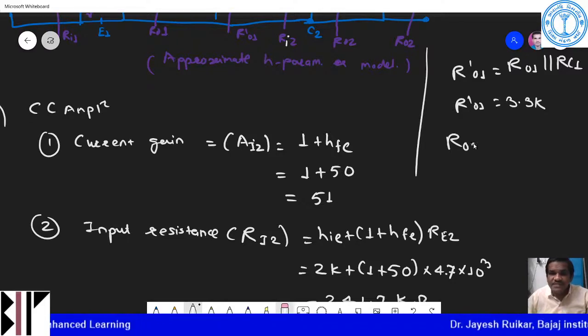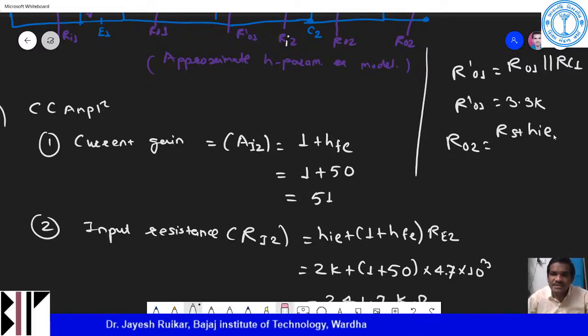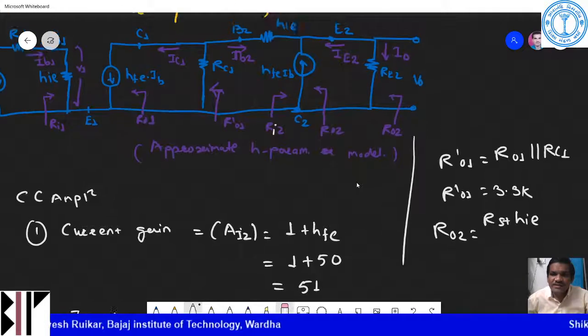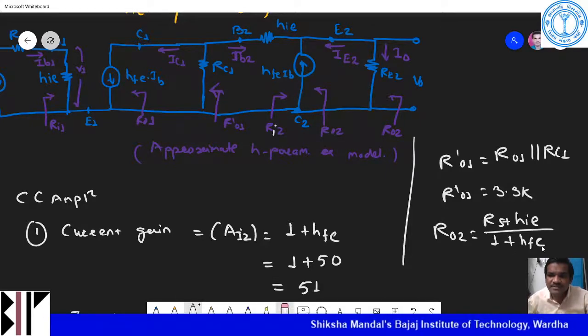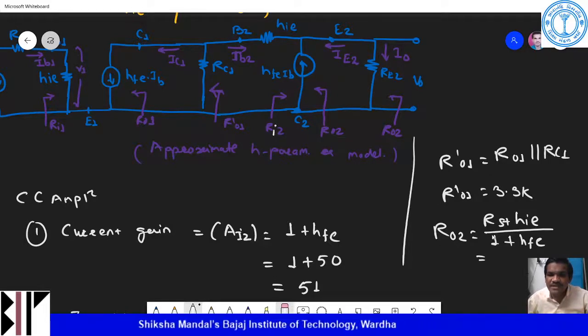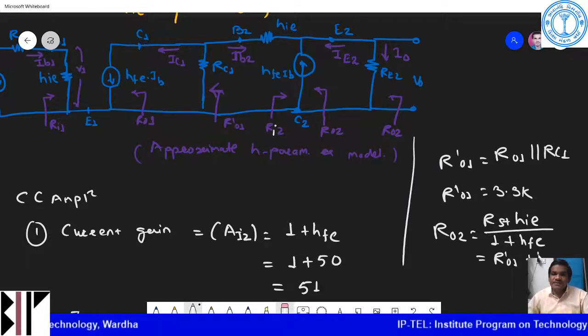And then we have this RO2. What is RO2? RO2 is nothing but your Rs plus HIE divided by 1 plus HFE. We can directly rewrite this Rs as R dash O1, so R dash O1 plus HIE divided by 1 plus HFE.